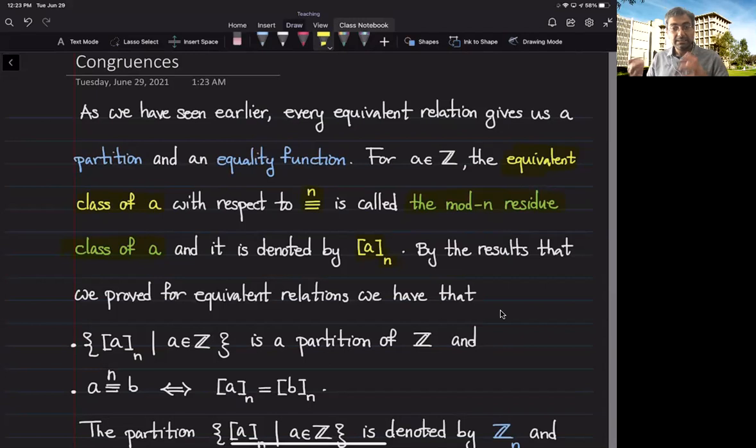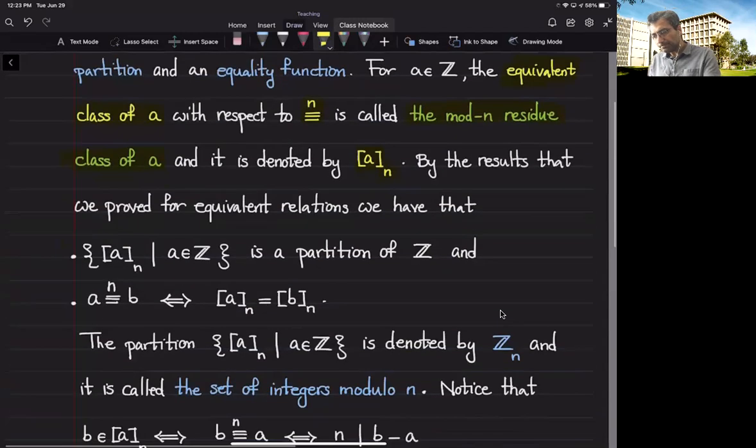For instance, if I look at residue classes mod 2, the residue class of 0 mod 2 is nothing but the even numbers. And the residue class of 1 mod 2 is nothing but the odd numbers. Okay, but what do we know from the general fact that we proved about equivalence classes?